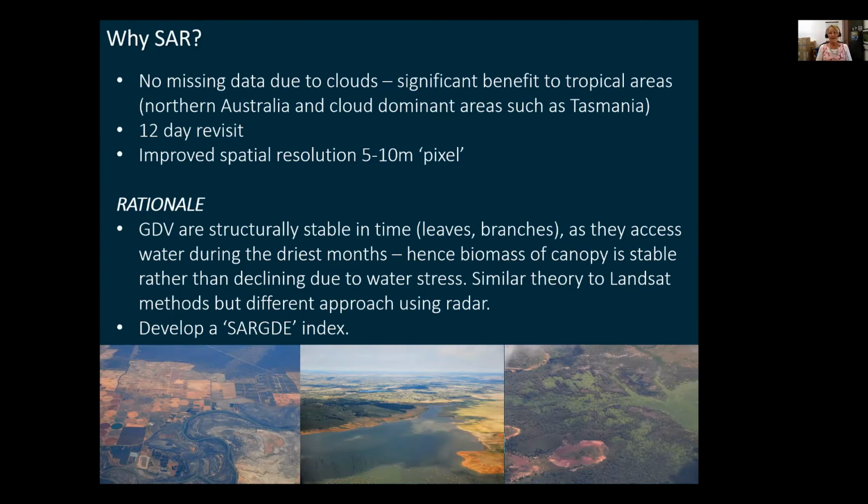So what we're saying is that when it's dry, the trees are continuing to thrive because they have this access to groundwater, whereas neighbouring vegetation, which may not access groundwater for a variety of reasons, will decline in their canopy extent as a result. So we use a similar theory actually when we're using Landsat methods or other remote sensing methods, but it's just a different approach using radar for the reasons I've detailed as in the dot points above.